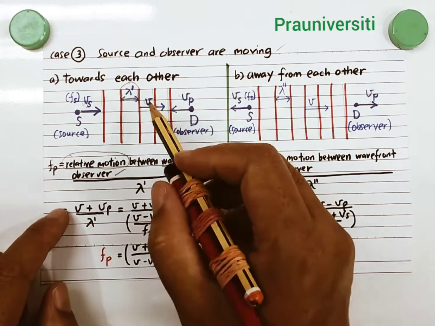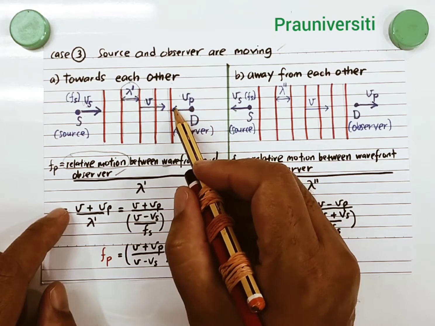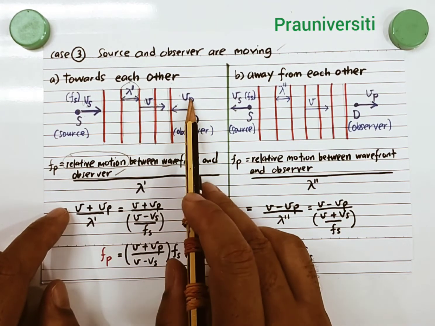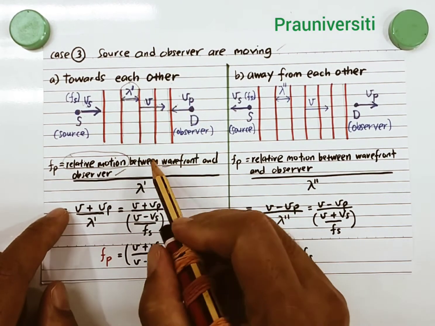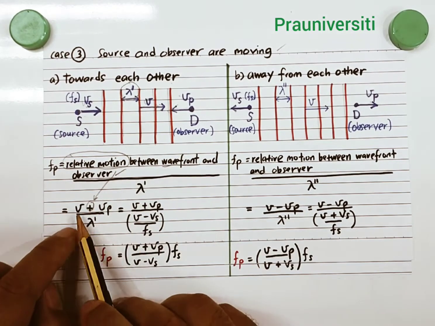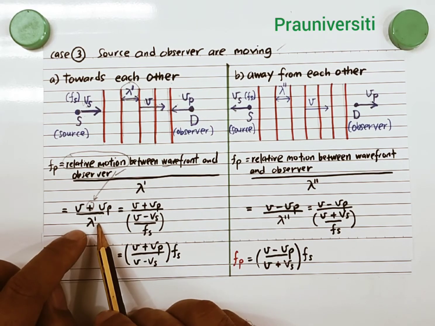Look here. V is toward here and Vp is toward here, so V and Vp are toward each other, and for the relative motion we need to use the plus: V plus Vp over lambda prime.